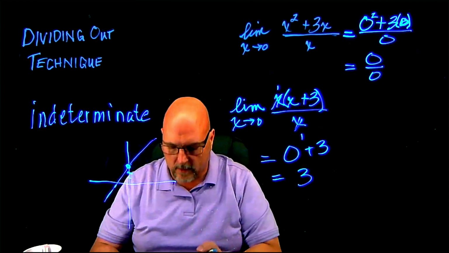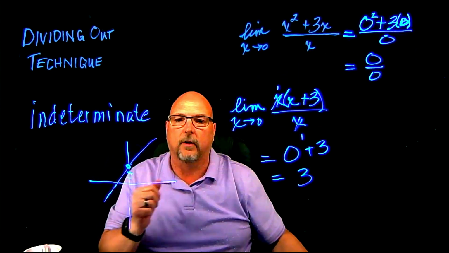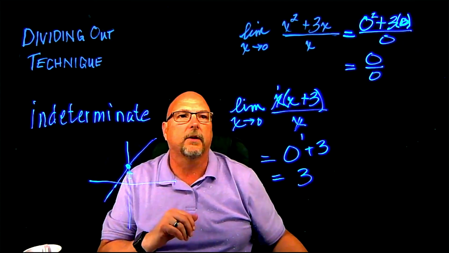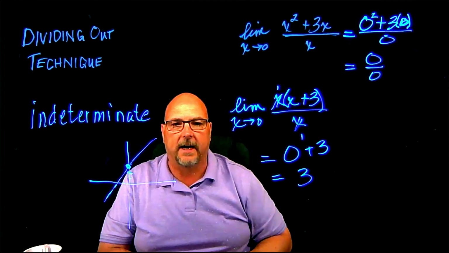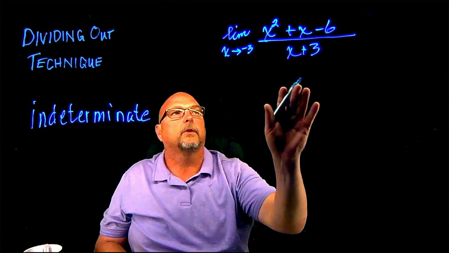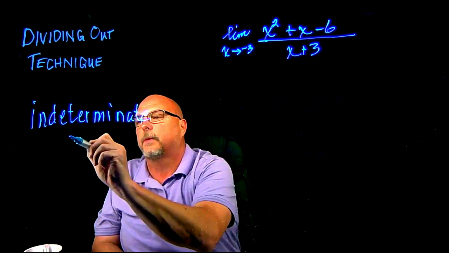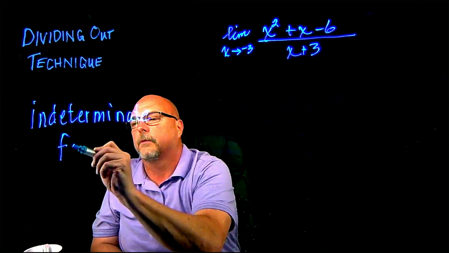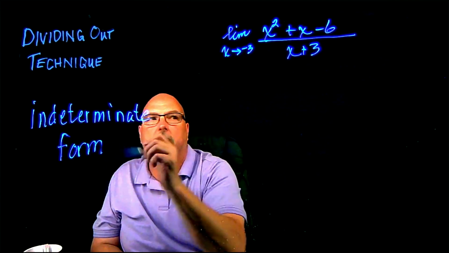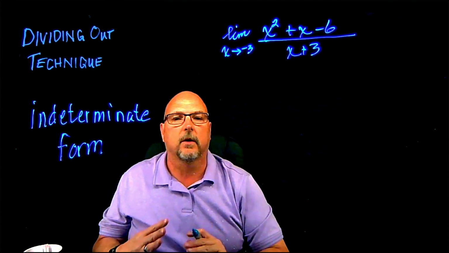So I'll show you one more, and we don't need to look at the graphs, just for good measure, that requires a little bit more factoring. Here's another case that's going to result in an indeterminate form, 0 over 0.